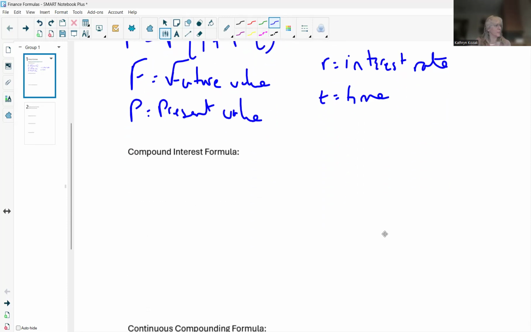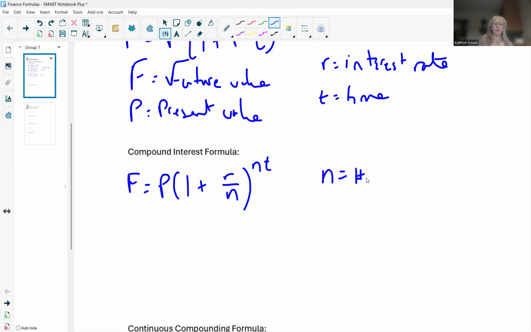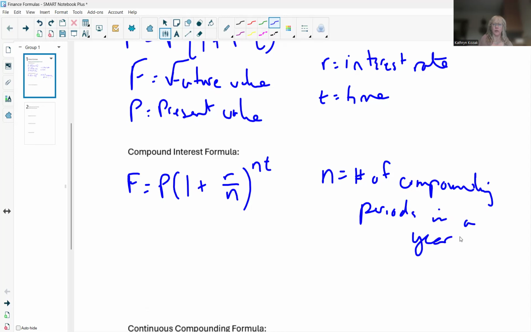The next formula is the compound interest formula. That formula is your future value is equal to your present value times 1 plus R over N to the N times T. Where again, F is for future value, P is for present value, R is your interest rate, N is the number of compounding periods in 1 year, and T is your time in years.